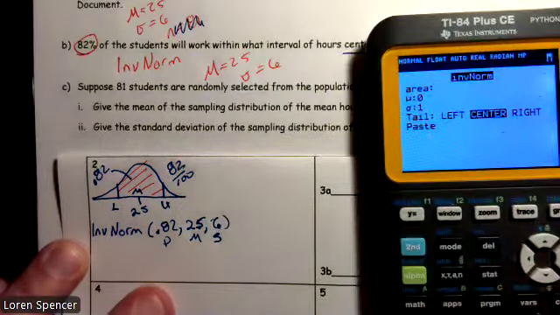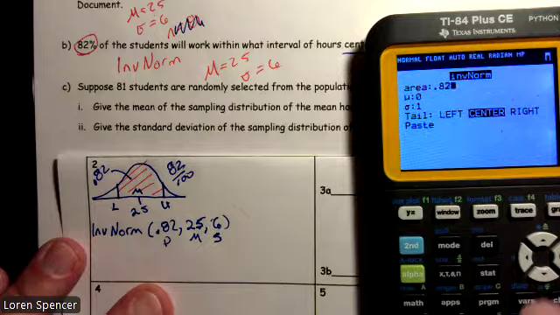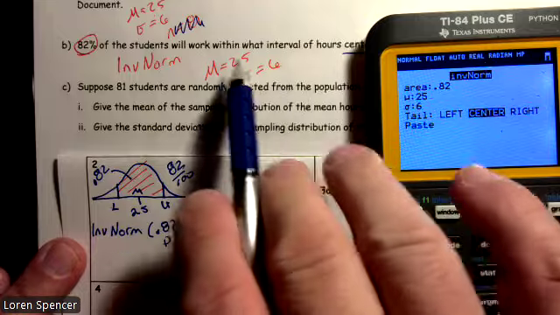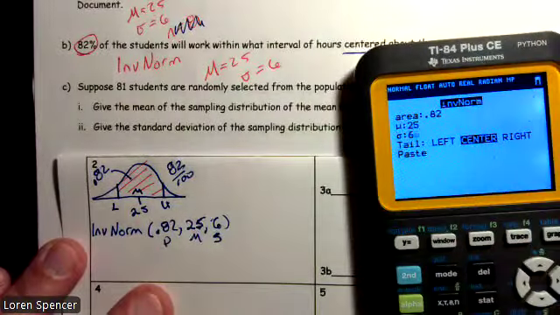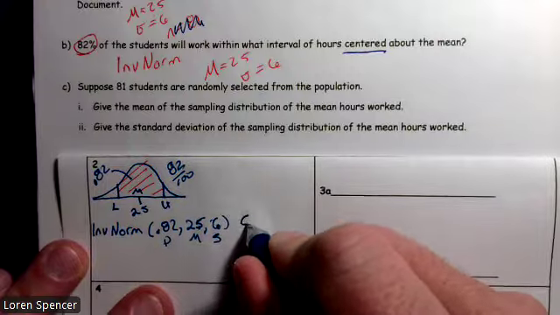So I'm going to go ahead and plug that into the calculator. 0.82, 25, and 6. And it said we wanted centered, so I need to make sure that I have centered, and I need to write that off to the side as well. Center.